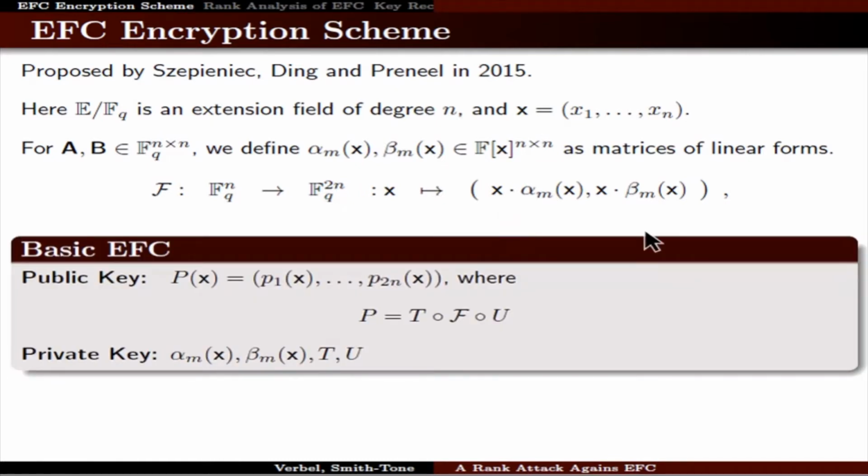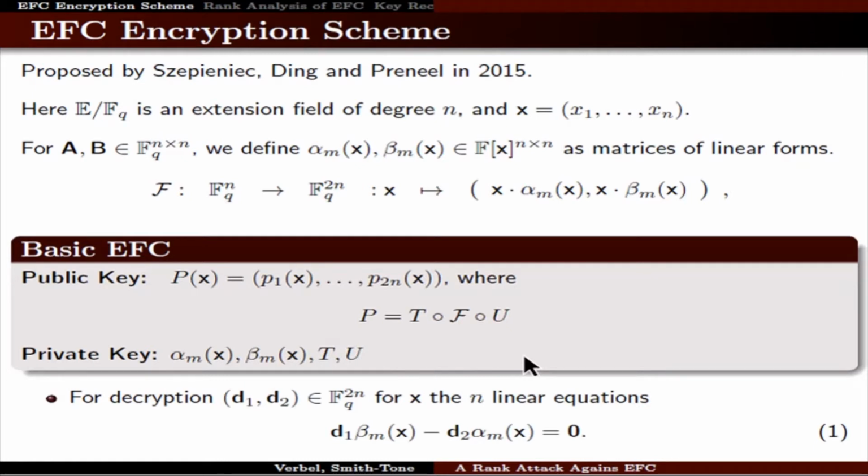Now our public key in the basic version of extension field cancellation is just the composition of these three maps, where T and U are linear maps. U is going from F_q^n to F_q^n, and T is going from F_q^2n to F_q^2n. Our private key is going to be the matrices containing linear forms and the two linear maps T and U. The encryption is pretty standard.